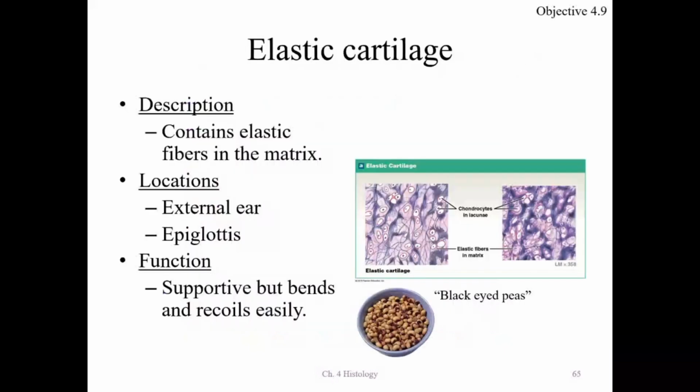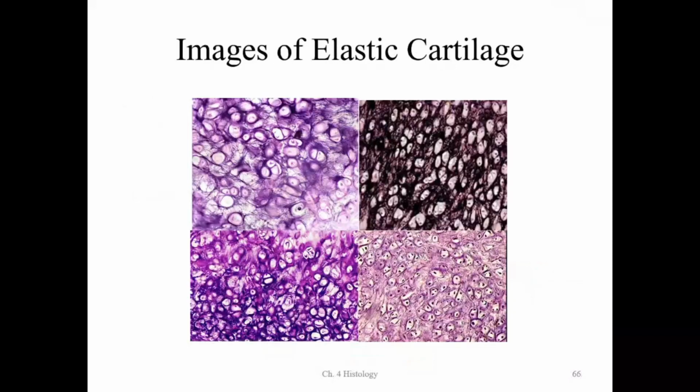Now, elastic cartilage kind of looks like some black-eyed peas or some beans to me. It's going to have elastic fibers in the matrix. So that's going to show up. You're going to see these lacuna. Okay? So we definitely can see the fibers between the cells.